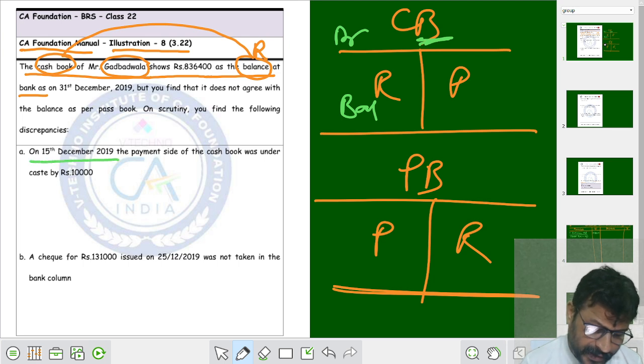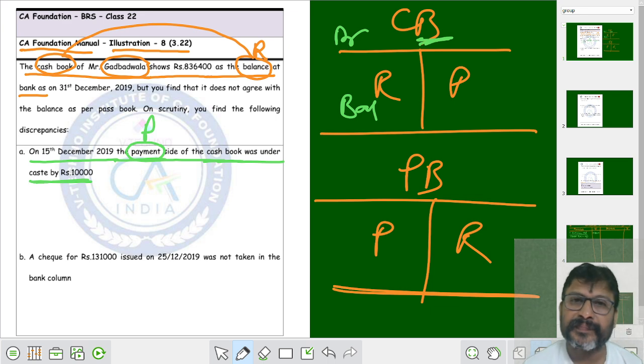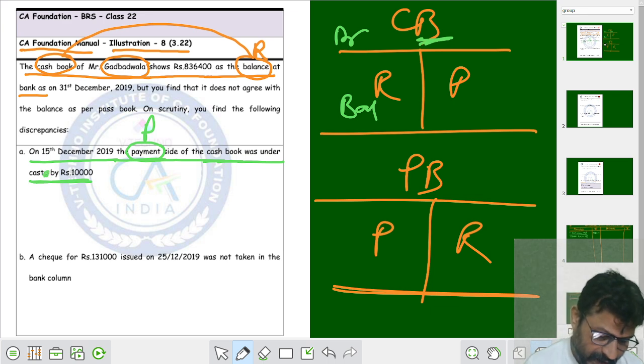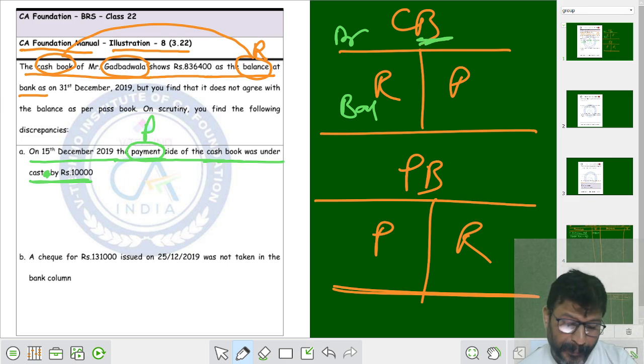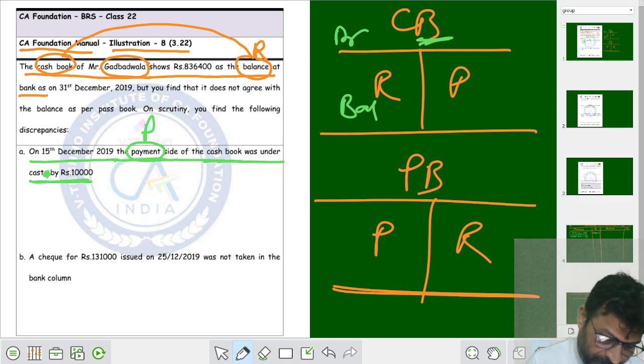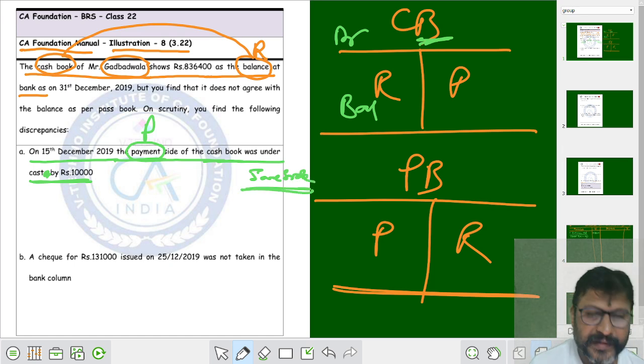See the next one. On 15th December 2019, the payment side of the cash book was undercast. Undercast, it is not overcast, it is undercast. When the payment side is undercast, we have to take it on the same side. Where do we have to take it? On the same side.